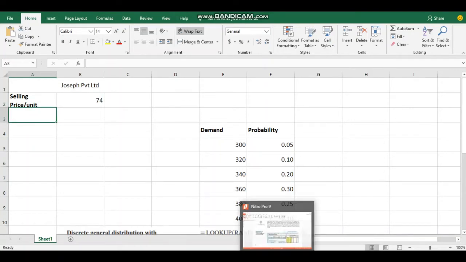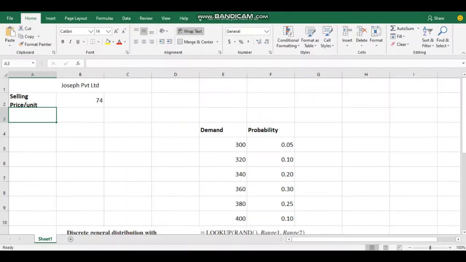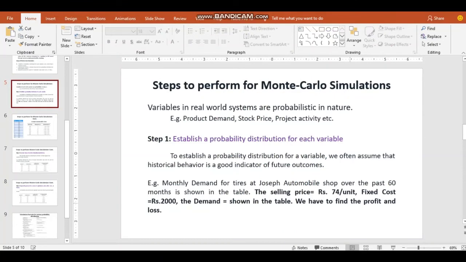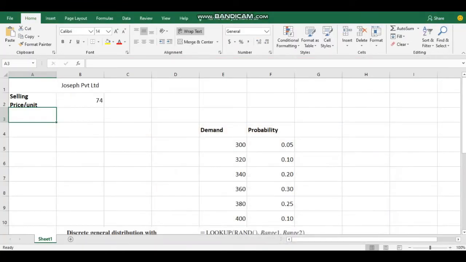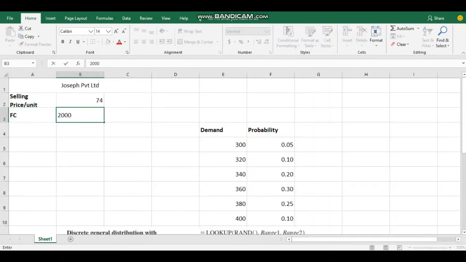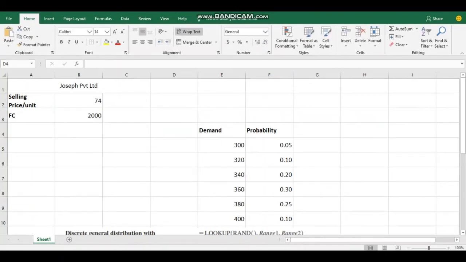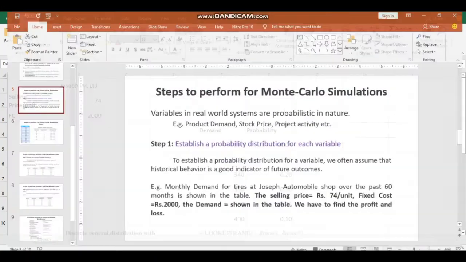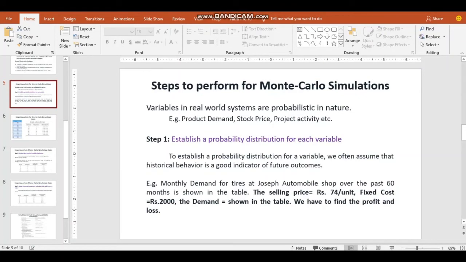Then what are the other details? Fixed cost is 2000. I am writing it in short. Then we have other details.